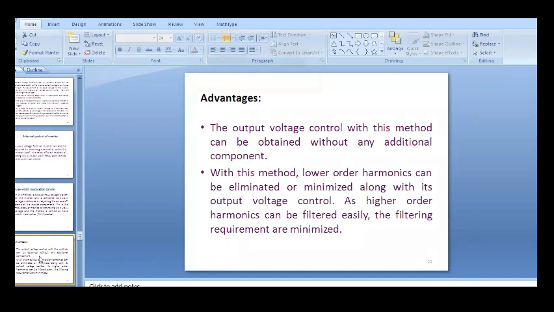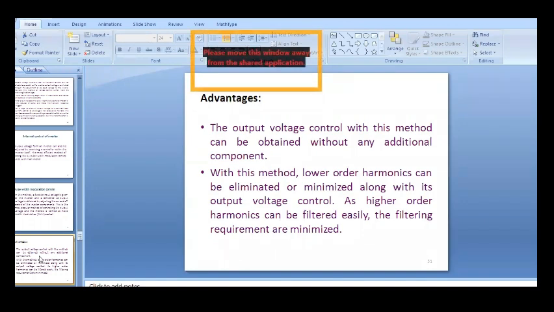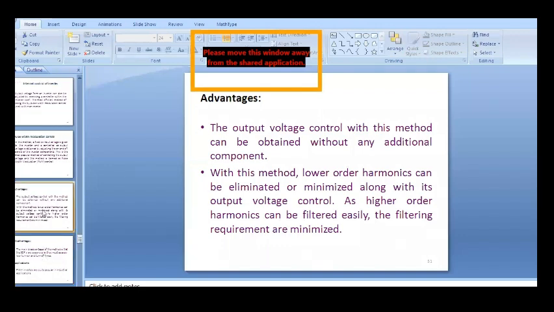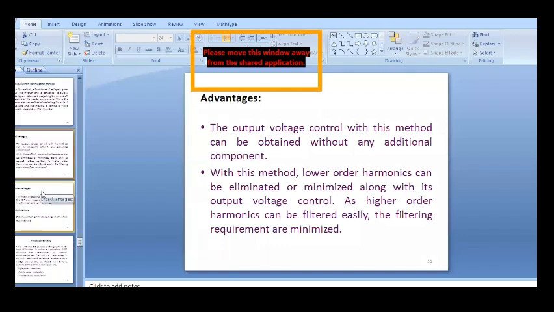So thereby PWM inverters are quite popular in industrial applications. When you go ahead with details of the PWM inverter, then you can see how it is operated and how we consider it.